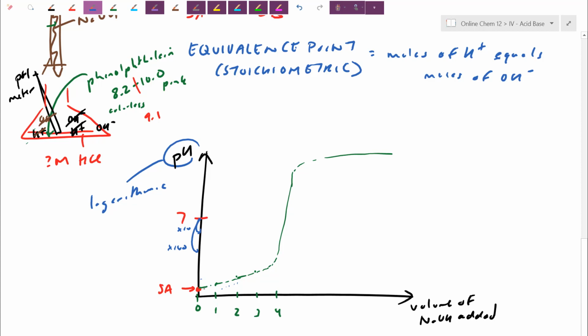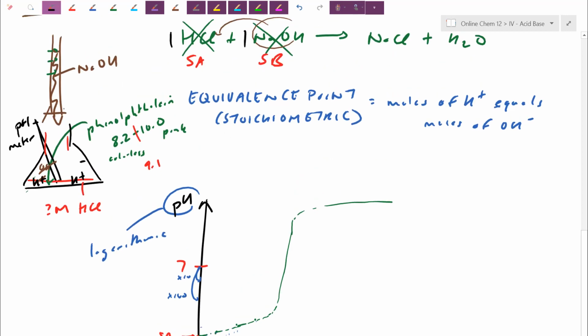The pH was changing so gradually, so how come there's a point where it changes so suddenly? What I want to analyze with you here is, as I get closer and closer to the equivalence point, as the amount of base I'm adding matches up to the acid, I'm going to have a situation where I have one very last particle of H+. Again, I have no clue how much H+ there was.